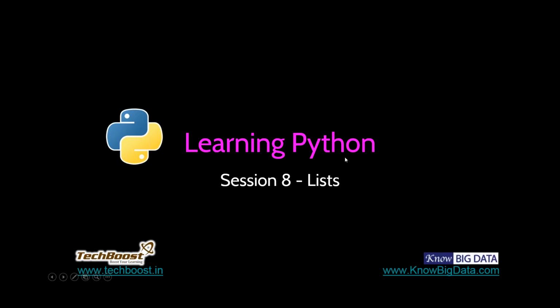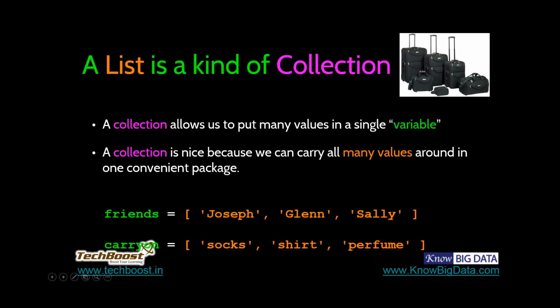All right, let's begin. So today we are going to discuss about lists, as we said. So what is a list? As a string, list is also a collection. String is a collection of characters. List is a collection of multiple values, and those values can be of same data type or different data type.